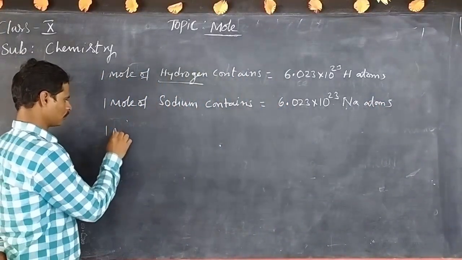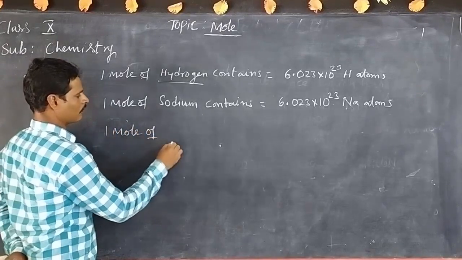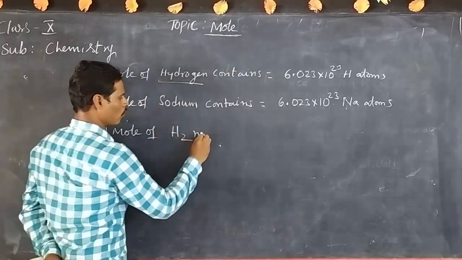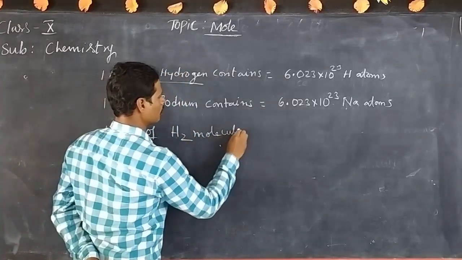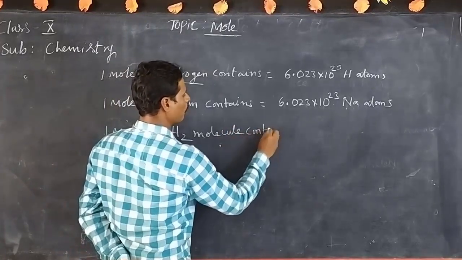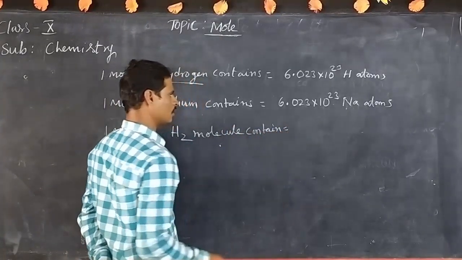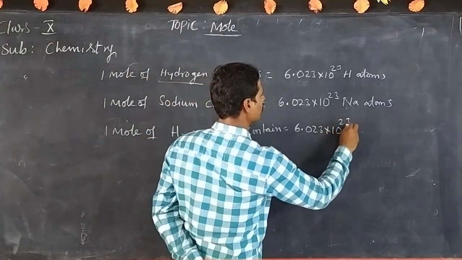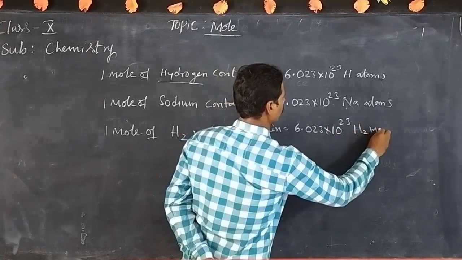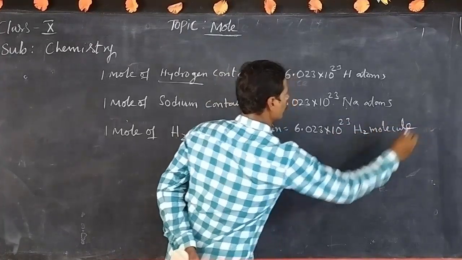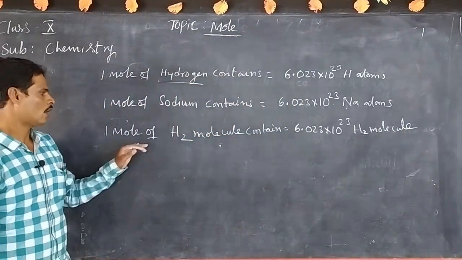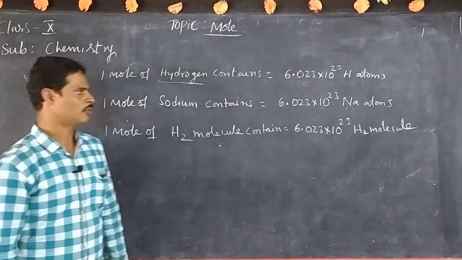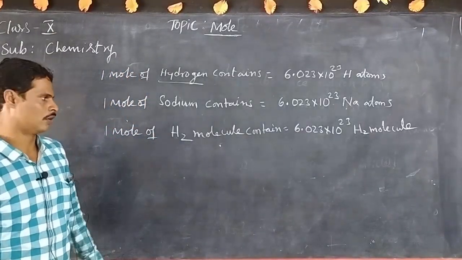Next, 1 mole of hydrogen molecule. This is an atom, this is a molecule. 1 mole of hydrogen molecule contains 6.023 into 10 to the power 23 H2 molecules.